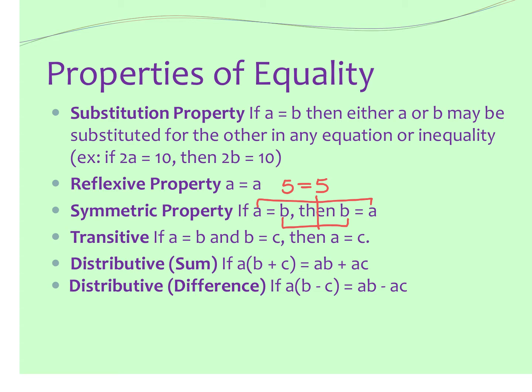So the transitive property is another property that we'll use quite often in our proofs. This also sort of looks like the law of syllogism.